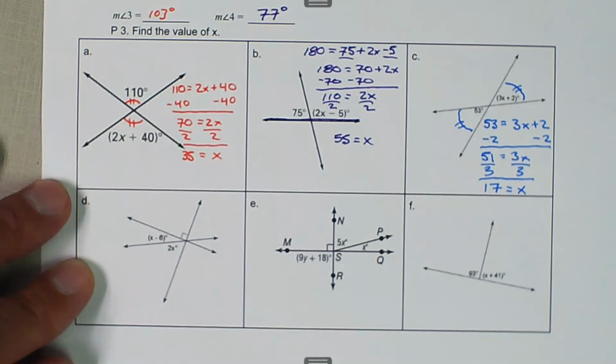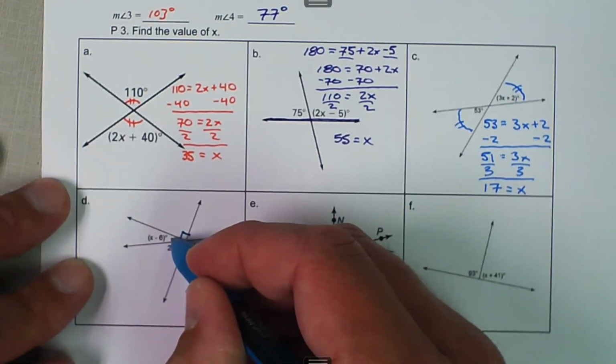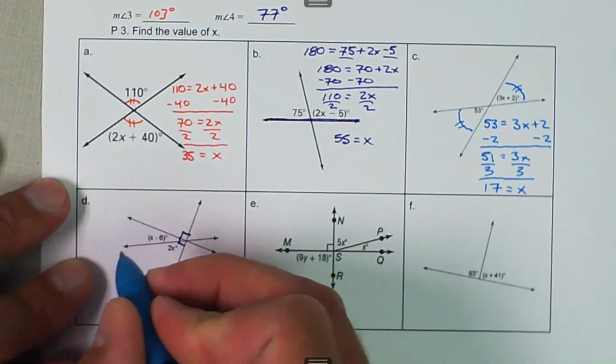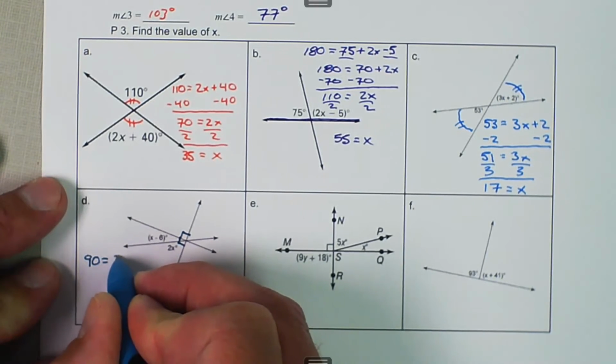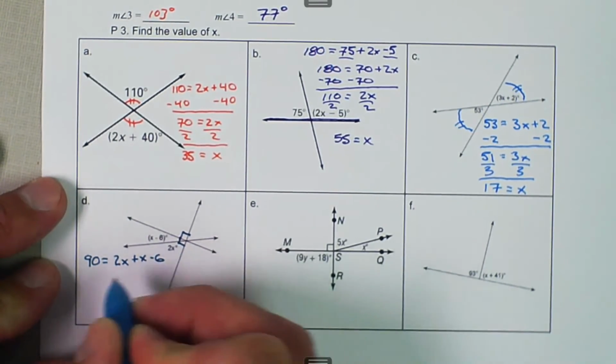Next example, we have a right angle. So we know that this is also a right angle. Then we can say 90 is equal to these two angles added together, 2x plus x minus 6.